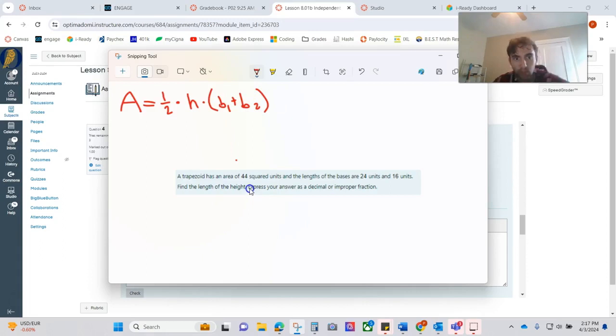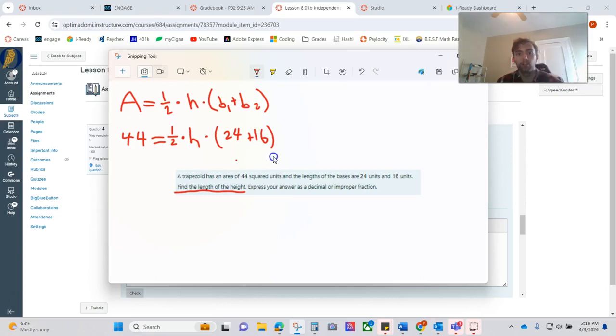Looks like here we got a backwards question. So we know the area. The area is 44. And we know 1/2, right? We know that. Times, looks like we don't know the height, but we know the bases. The bases are 24 and 16.